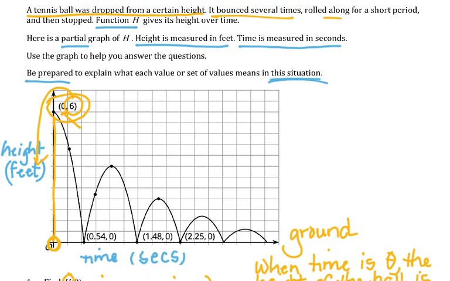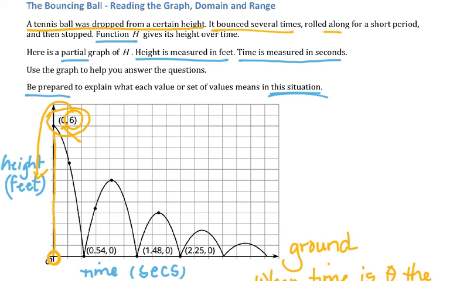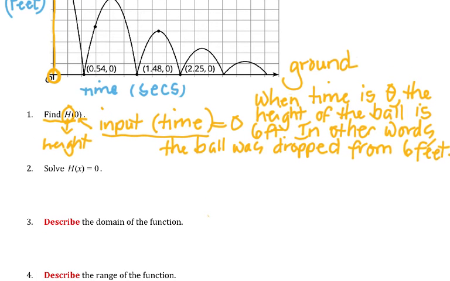And if you go back up here, it says a tennis ball was dropped from a certain height, right? Well, what was that height that it was dropped from? 6 feet. So right here, this tells us it was dropped from 6 feet, and I read it off the graph. All right, let us continue.